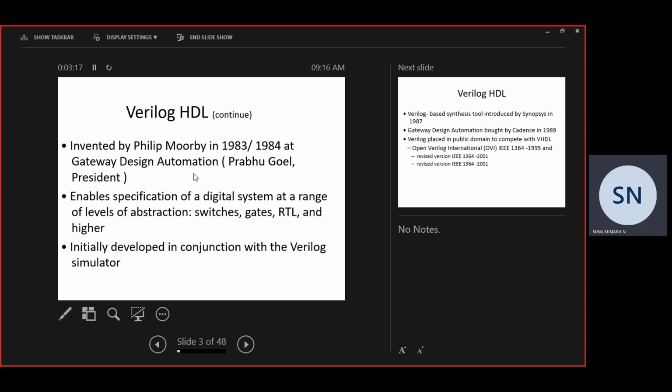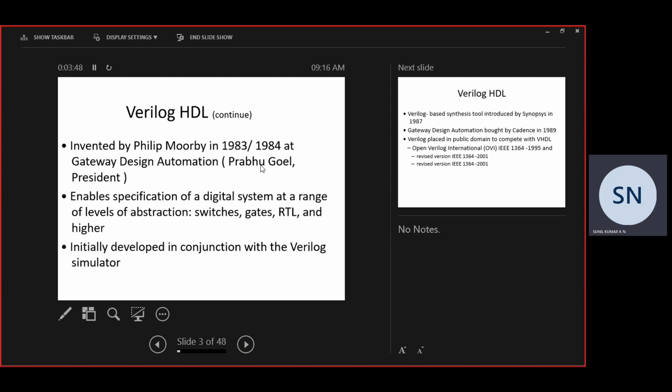After that, in the 1960s and 1970s, they started building IC circuits, but on a very small scale, hardly 2 or 4 transistors in an IC. As the years progressed, more and more transistors were embedded on the chip. By 1983, 84 they started finding it difficult.